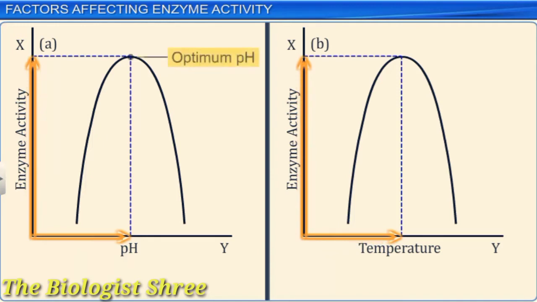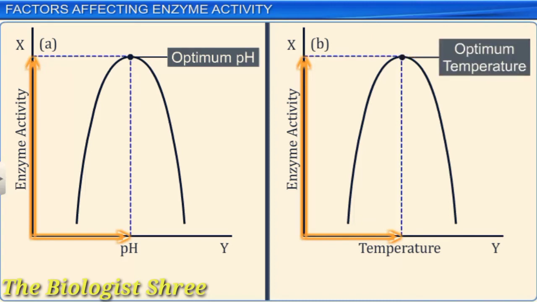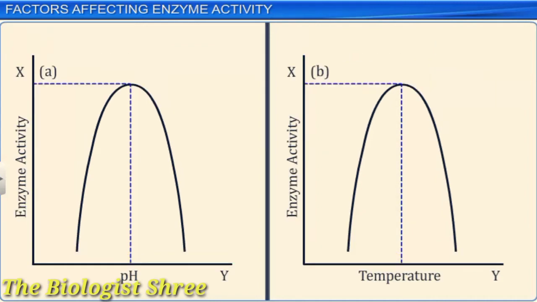Enzyme activity is the highest at this point. Thereafter, with an increase in pH and temperature, enzyme activity decreases as they get denatured and are not available for catalyzing reactions. Notice that enzyme activity is also low below the optimum value.